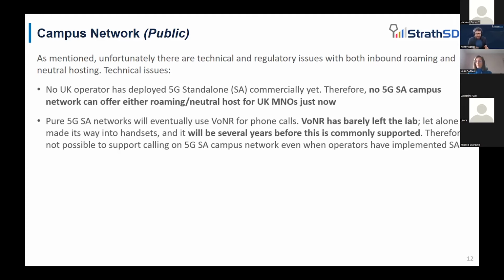And the slight issue with that is voice over NR has only just left the lab and it's not really made its way into handsets, and it will be years before handsets catch up across the UK and everyone has handsets that are capable of that. So basically, if you build a 5G SA campus network, and even if the MNOs deploy their cores, you won't be able to support calling, which is a bit of an issue.